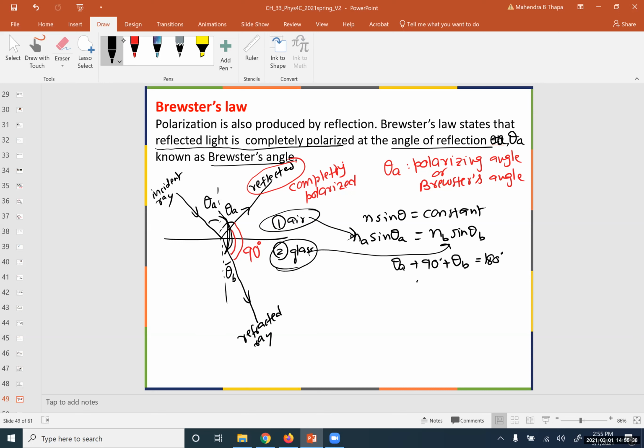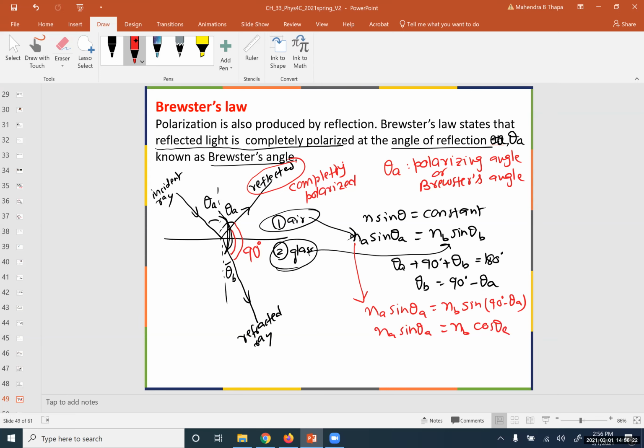So I can write theta B equals 90 degrees minus theta A. Plugging that in, NA sine theta A equals NB sine of 90 minus theta A, which is NB cosine theta A. So I can rearrange that as tan theta A equals NB over NA.